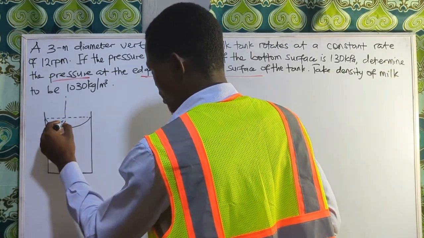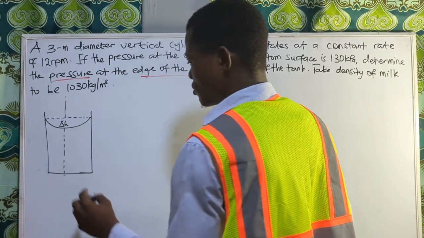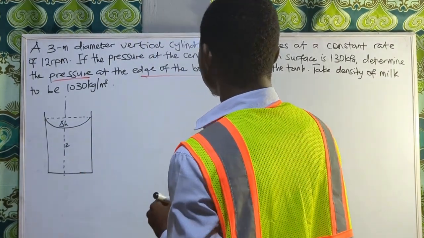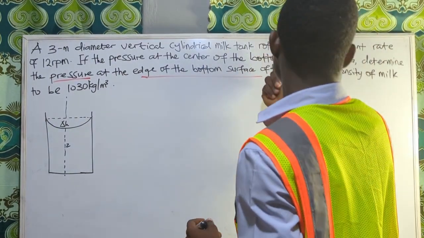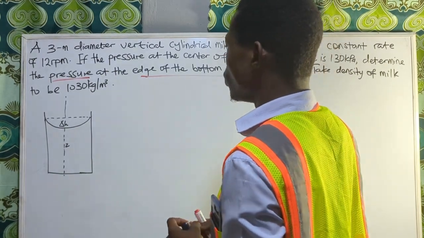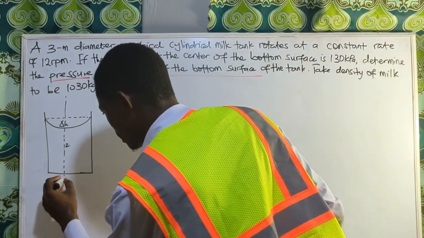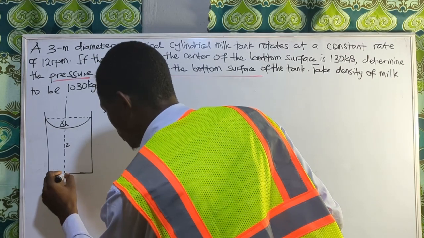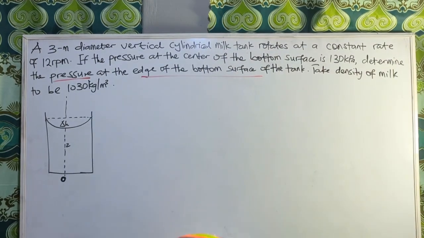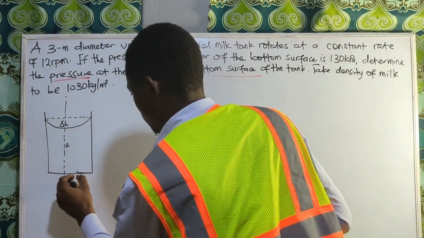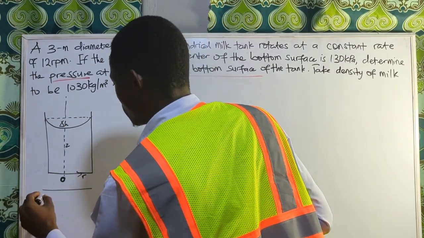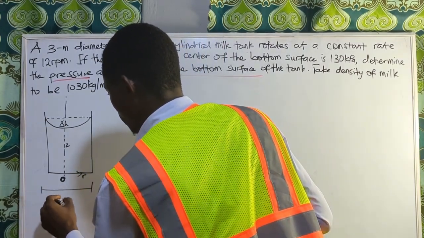And this vertical axis, which is our Z, is where the milk would rotate. This is our point at which it will rotate. This being our R and our diameter being 3 meters.